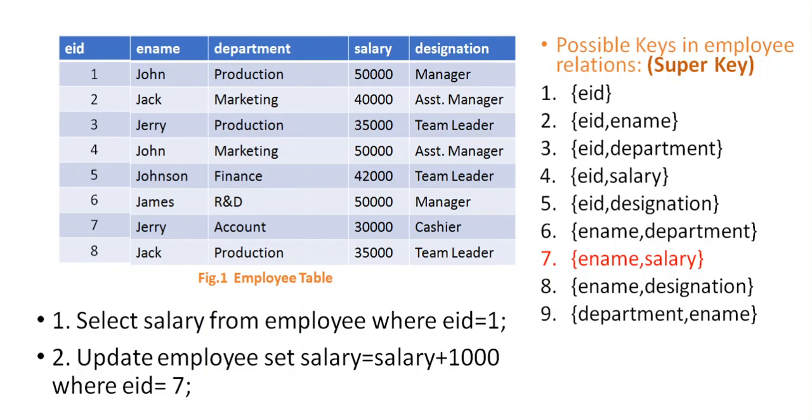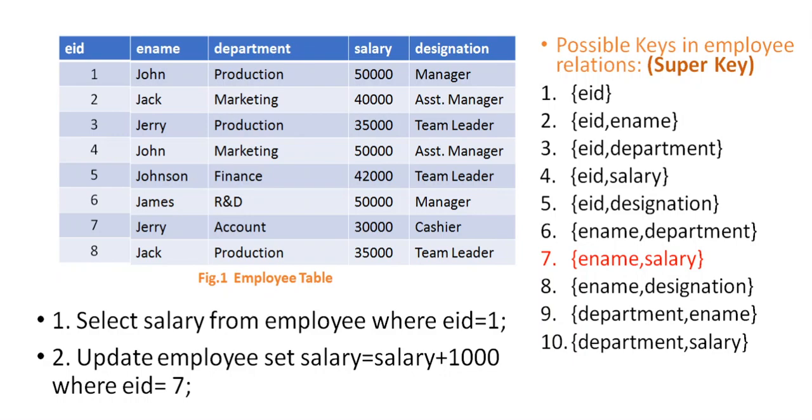Then the next key is department and ename. Again think, if you take the combination of department and ename, department is production, ename is John, department is marketing, ename is John. We have two different combinations. So department and ename can be a key. Again we have another key, that is department and salary.